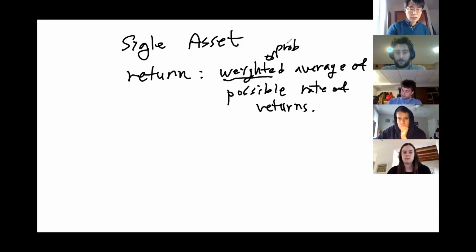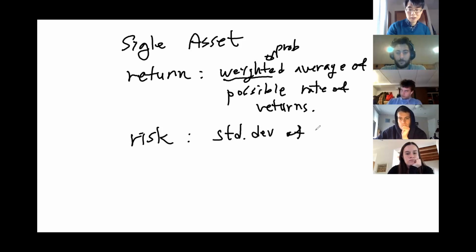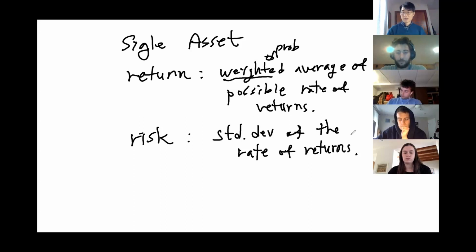And what is the risk? Risk is the standard deviation of the rate of returns. So this is the rate of return and the risk of a single asset.